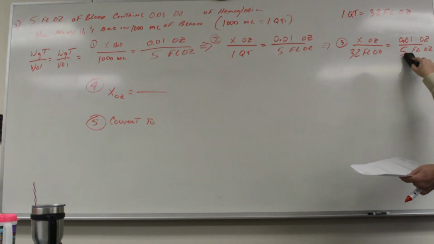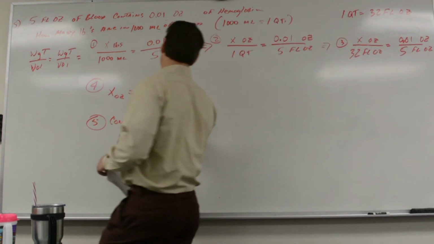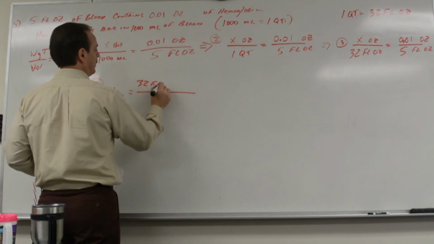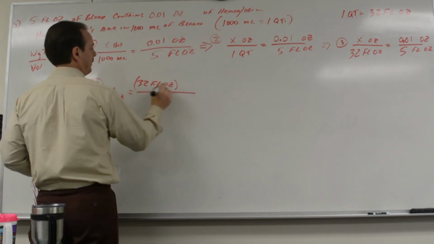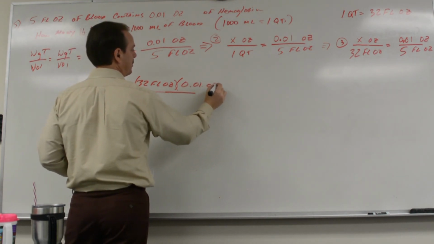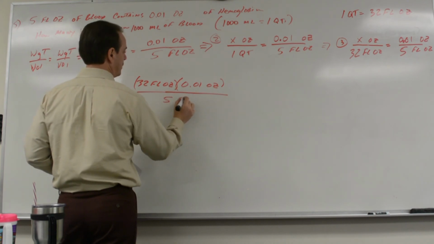All right, now, next step, we can solve this, right? Because we have ounces and ounces, fluid ounces and fluid ounces. We can solve for this x. So this x value is going to be 32 fluid ounces times 0.01 ounces divided by 5 fluid ounces.